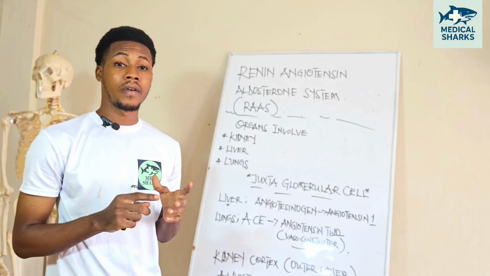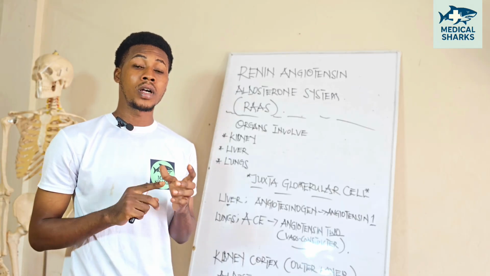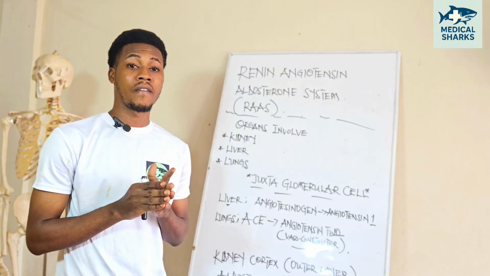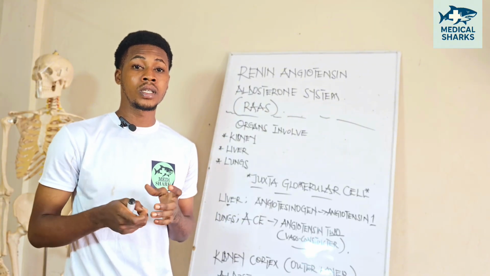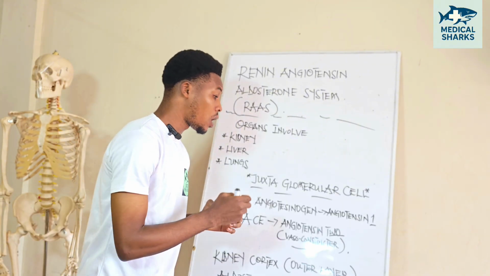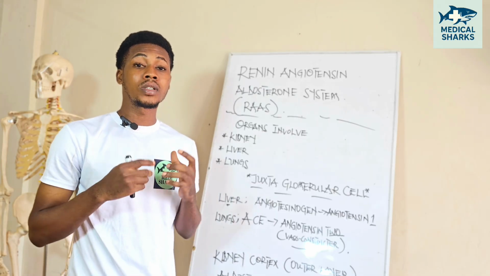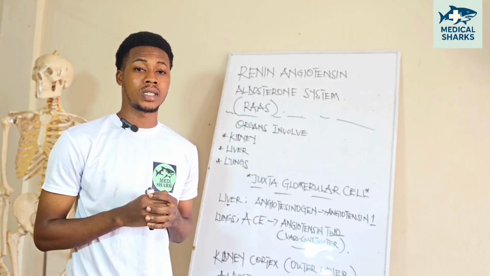When it constricts the vessels, it increases what we call peripheral resistance. That means the resistance within the vessels is increased, increasing the cardiac output due to the increase in heart rate, to force the heart to pump more blood into the system.